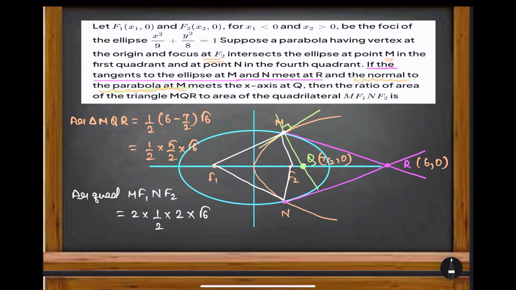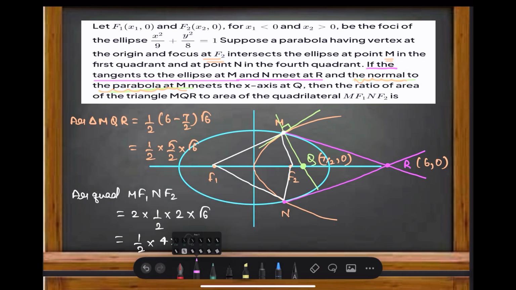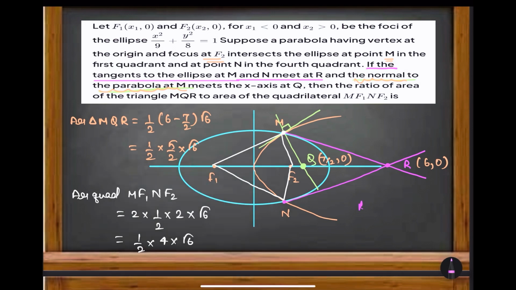So we got 1 by 2 times 4 times root 6, and we have to find the ratio of the area of the triangle by the area of the quadrilateral. So the required value equals (1 by 2 times 5 by 2 times root 6) divided by (1 by 2 times 4 times root 6).